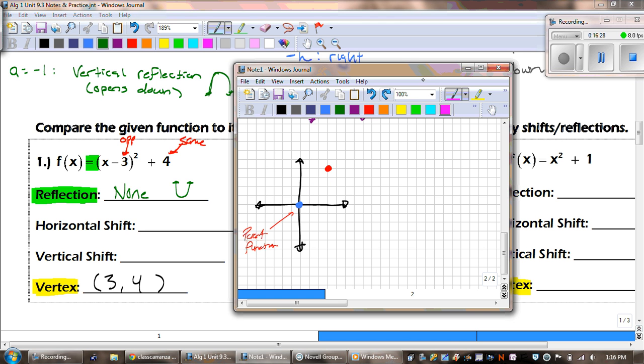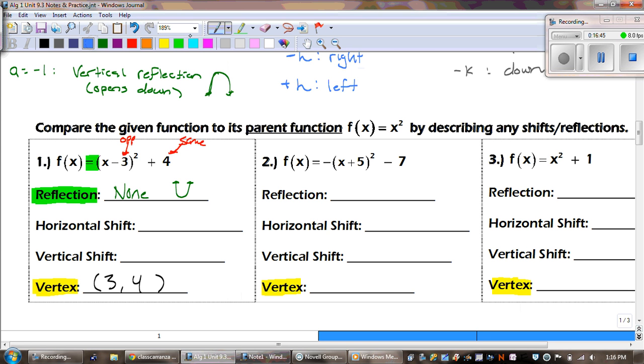So the first thing I want to know, how many to the right did we go? That's our horizontal shift, okay? So the horizontal shift tells us that we went right 3, okay?